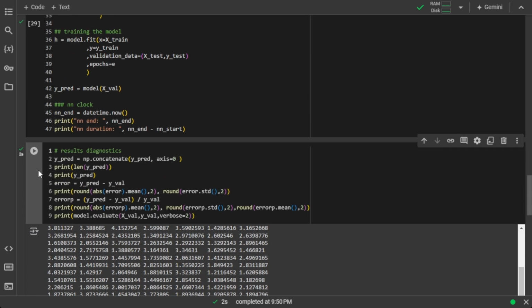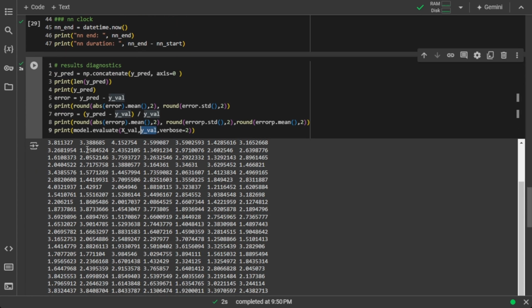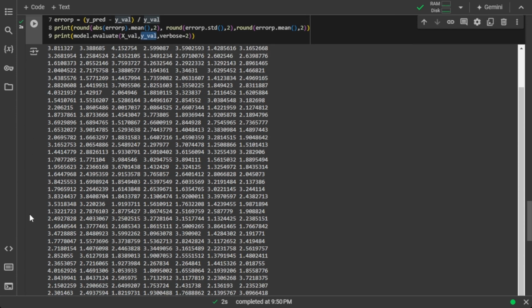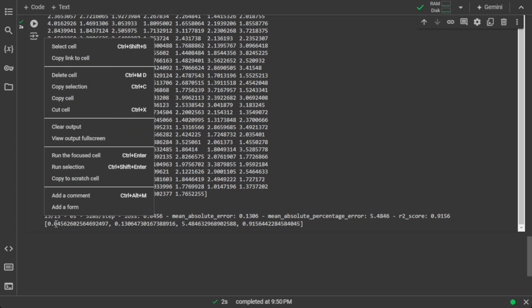We then go on to have the model evaluate itself using the X validation and the Y validation. So those are not my calculations. Those are the library's functions, and that's right here.